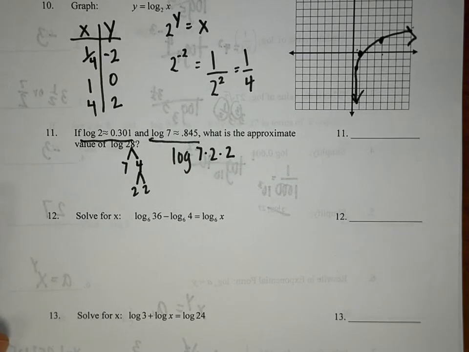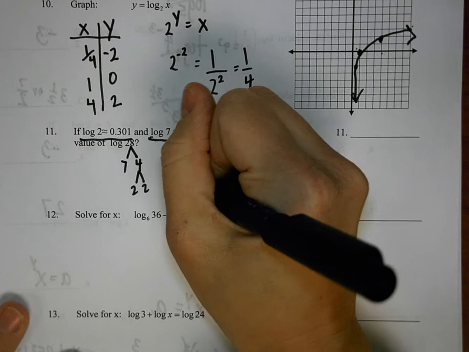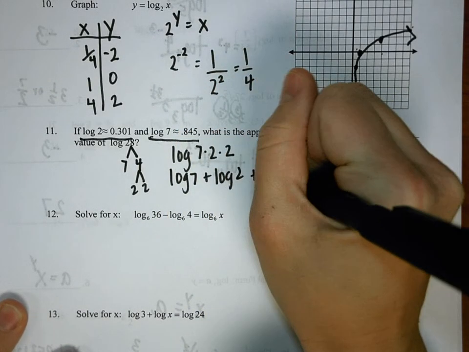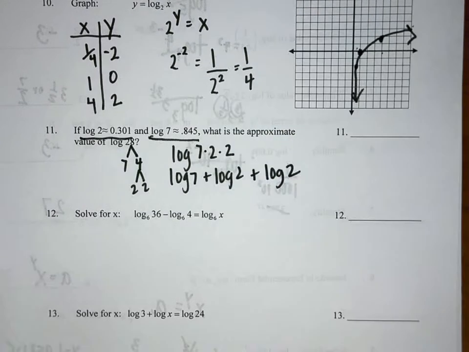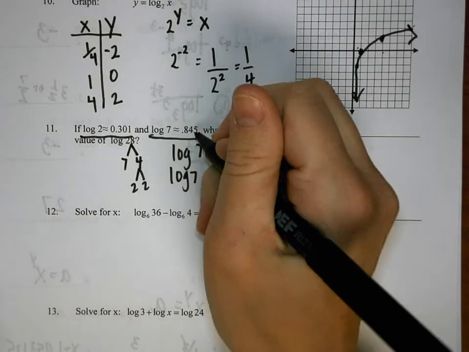If we want to separate them out so that they are the specific logs, we change multiplication into addition when we're expanding it. So this will become log 7 plus log 2 plus log 2. If you go back to the original problem, they told us that log 7 is 0.845.